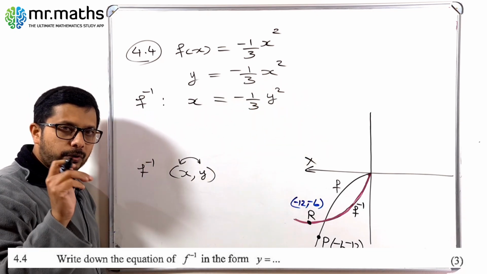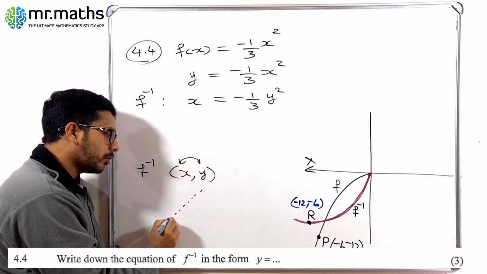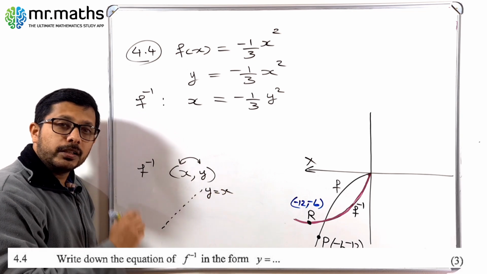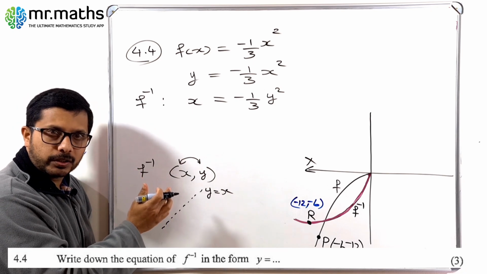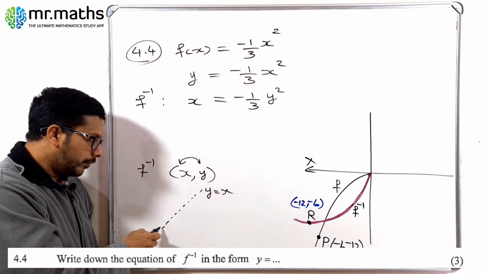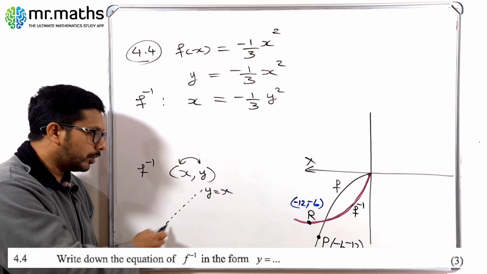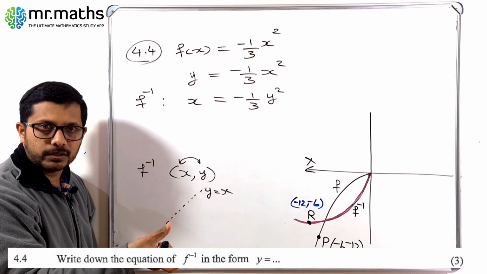Do you remember we did a similar one? When the reflection is based on the line y is equal to x, what did we do? There also we swapped x and y. Do you remember that one? Okay, so two things you have to remember. If the question is reflection based on the line y is equal to x, you are supposed to swap x and y.